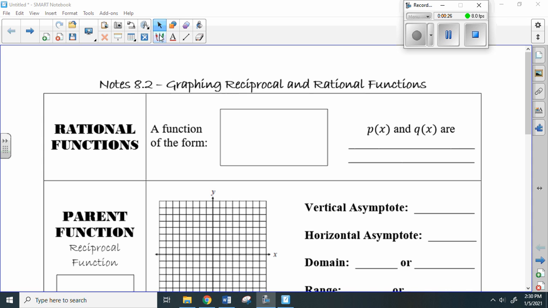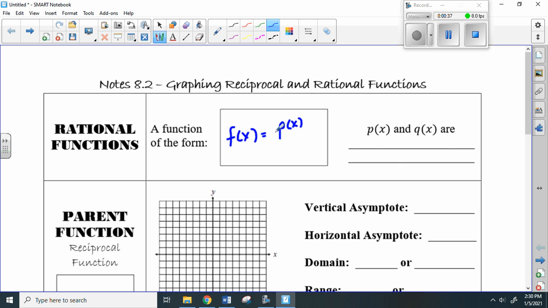It is a function, we'll call it f of x, in the form of some polynomial function divided by another polynomial function. So p of x and q of x are just polynomials.